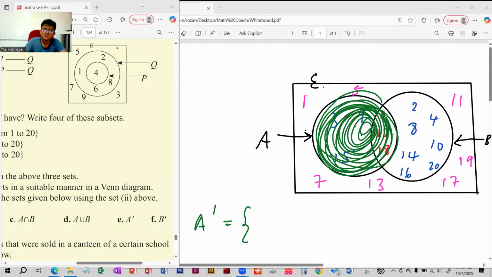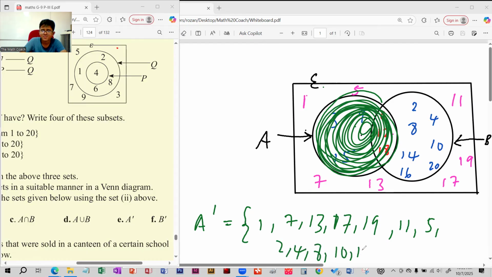So it's going to be 1, and just don't think about the order. Just write 1, 7, 13, 17, 19, 11, 5, and then again 2, 4, 8, 10, 14, 20, 16, and so on. You can do that as well. And then you can erase that.